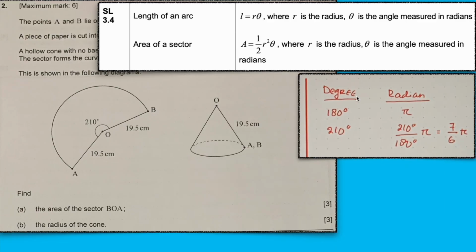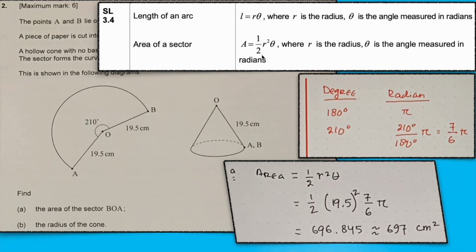I'm sure you remember 180 degrees is equal to pi radians. Therefore, 210 degrees is equal to 210 over 180 multiplied by pi. That gives us 7 over 6 pi. Then we can use the formula here, like so.